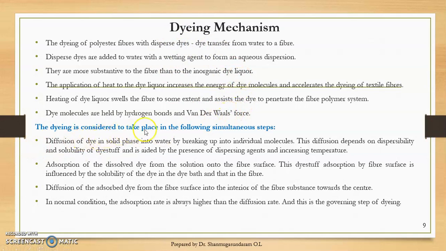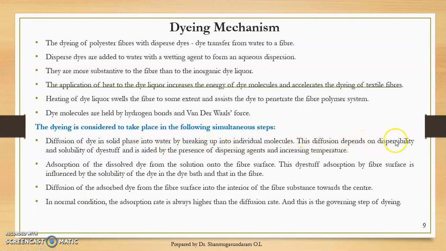The dyeing is considered to take place in the following simultaneous steps. So these are all the steps involved during the dyeing process. The first one is diffusion of the dye in solid phase into water by breaking up into individual molecules.